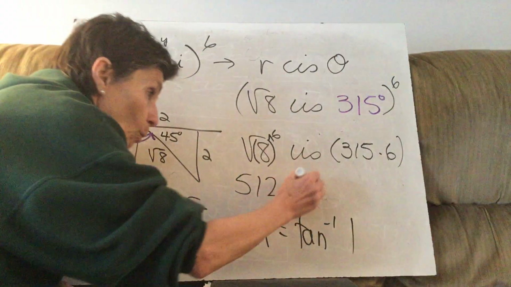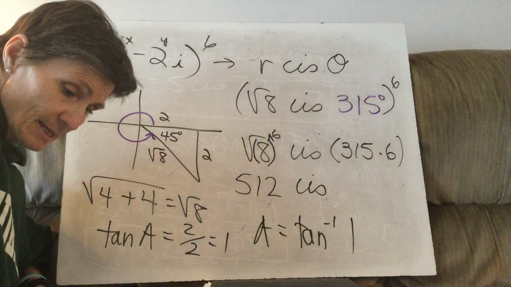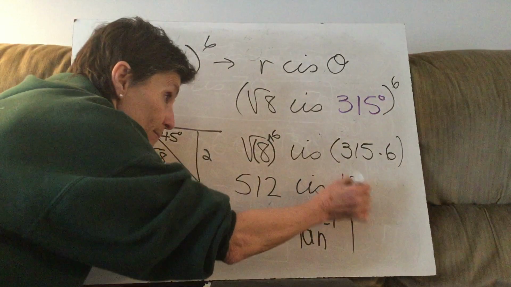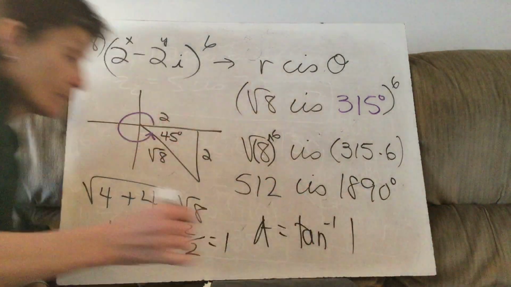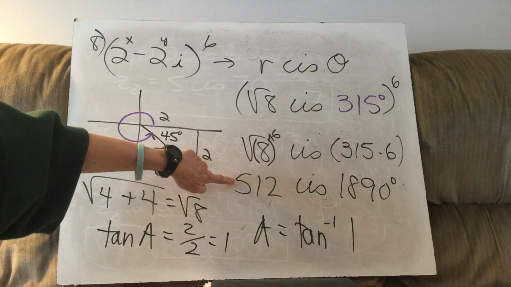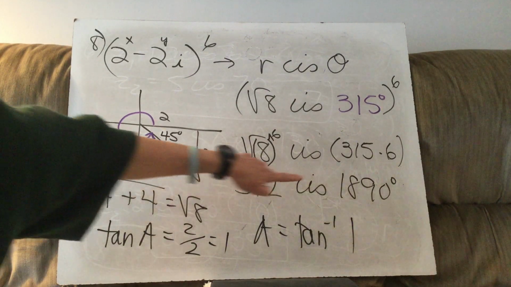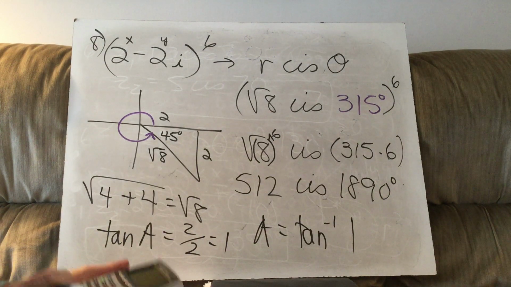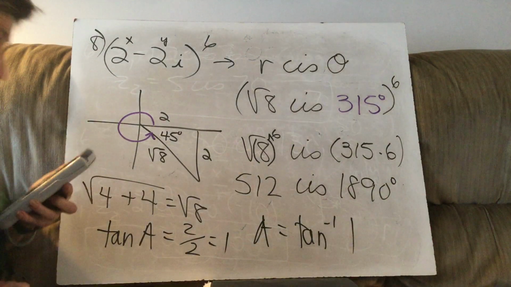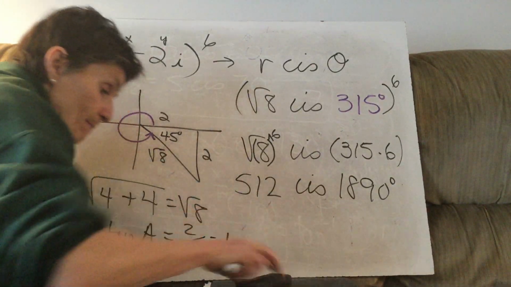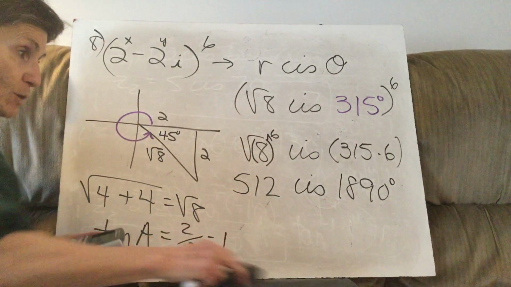All right, now what is 315 times 6? I don't know, but it's going to be way too big. 1890. Now, this is essentially the answer right here, but that angle is way too big. So remember how to shrink it down? To shrink it down, you have to keep subtracting 360s until you can't subtract anymore.